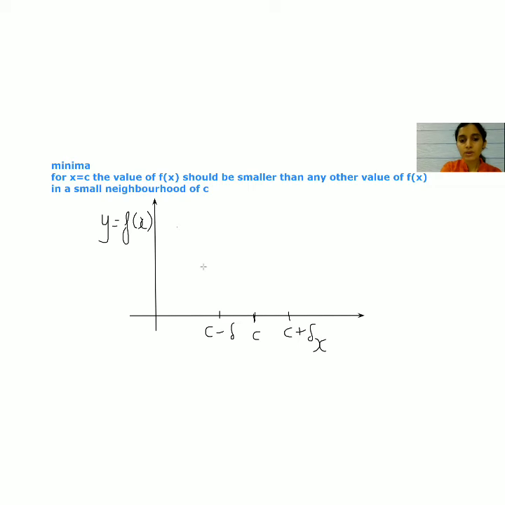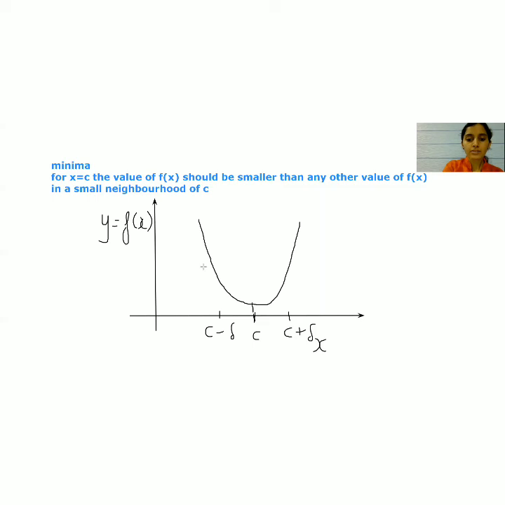So let us plot it. This is a little wavy curve, somewhat like this. So now what does this graph mean?